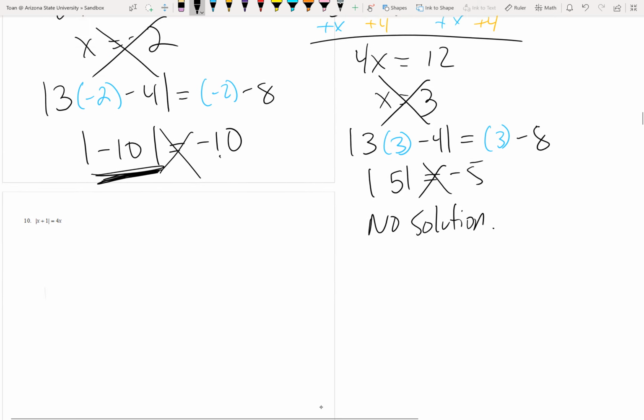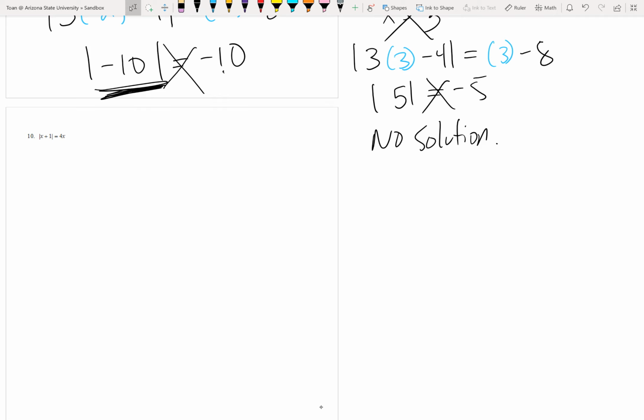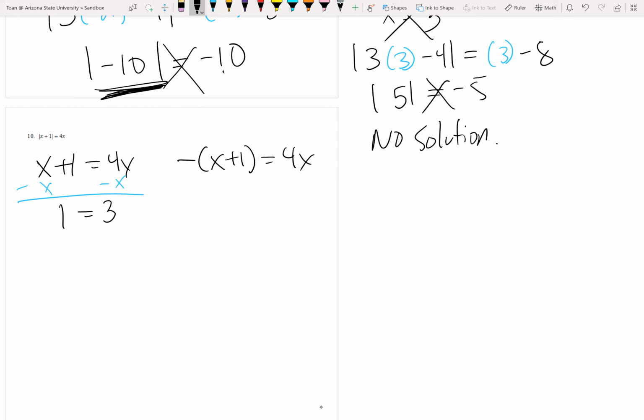Number 10 will follow the same suit because it's an absolute value problem with variables on both sides. So I won't go through the spiel here. You set this up as the original, and then the opposite, and then you go ahead and solve the two problems. Here I'll subtract x from both sides. I suppose for the sake of this video I'll go ahead and show my work, and then divide by 3. x equals a third.